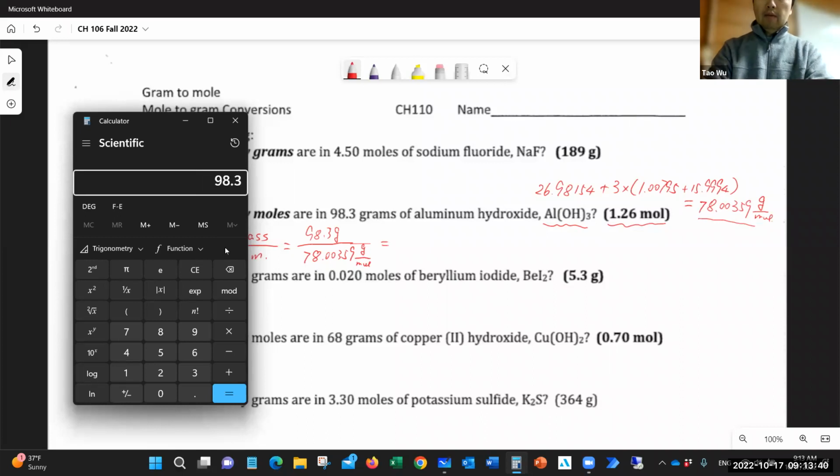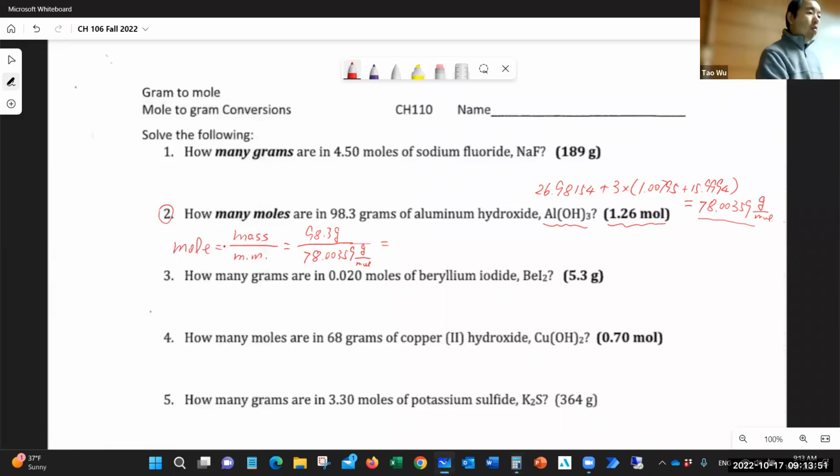Then just put that into the calculator, 98.3 divided by 78.00359, and you got 1.244. That's the mole. If we want to keep the sig figs, this is 3 sig figs, so we should keep 1.24 mole.